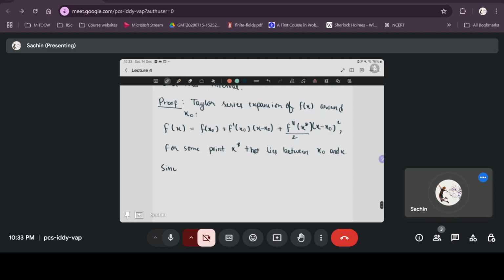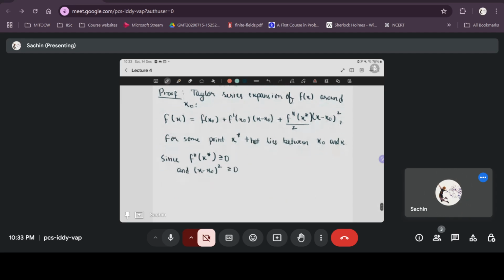So since f double prime is greater than or equal to 0 for all x, it's also greater than or equal to 0 for x star, and we have x minus x0 whole square for real numbers, it's greater than or equal to 0. So the third term is always a positive term. That means if we drop the third term, f of x will be greater than or equal to the sum of the first two terms.